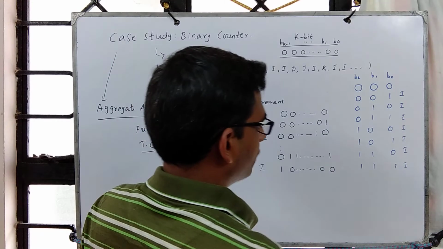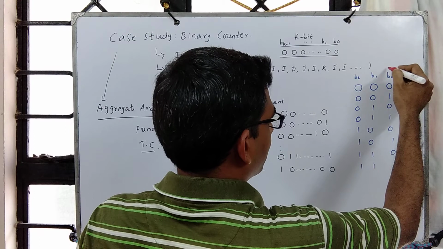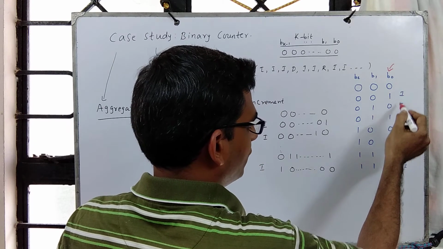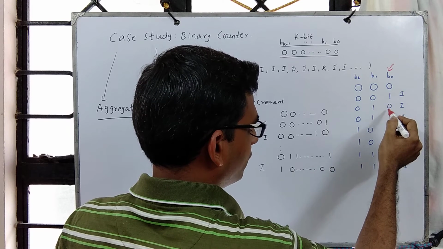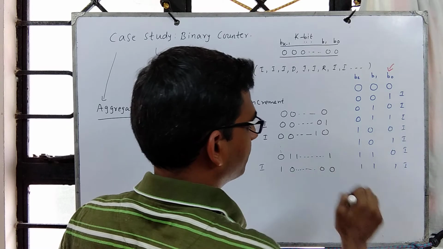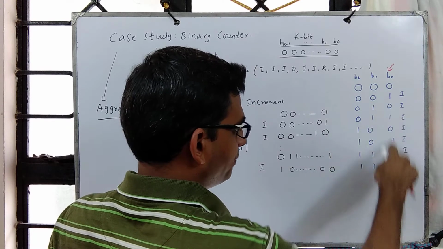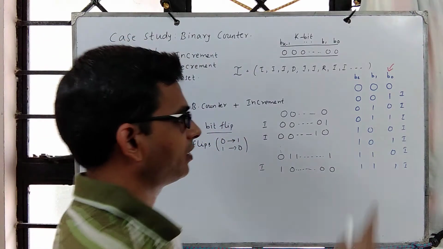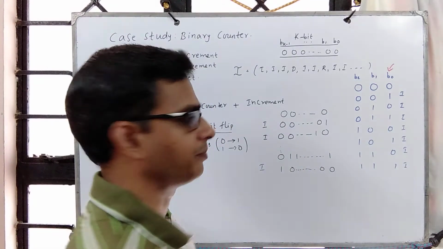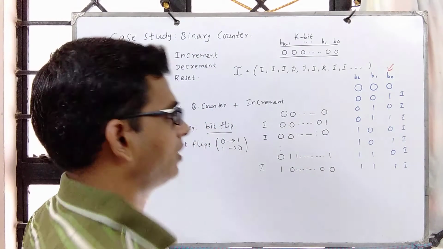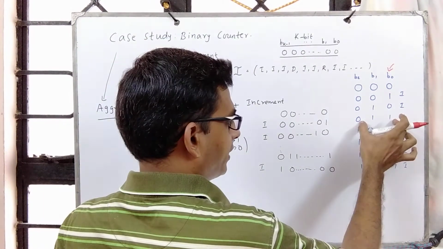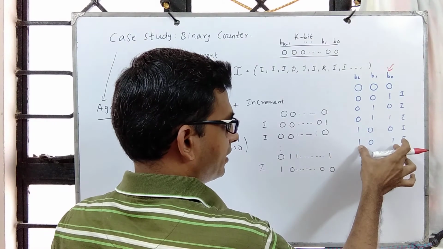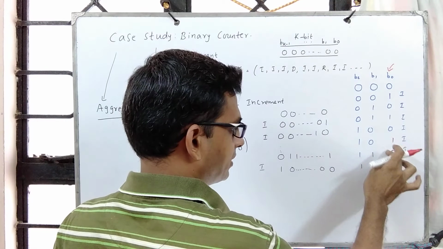If you look at this column, you see that 0 is flipped to 1. And then when we do one more increment, 1 is flipped to 0, then again 0 is flipped to 1 and so on. So at each increment you see a bit flip in this column. Correct? I'm at this configuration, when I perform increment, yes, there is a bit flip. I'm at this configuration, when I perform increment, there is a bit flip.